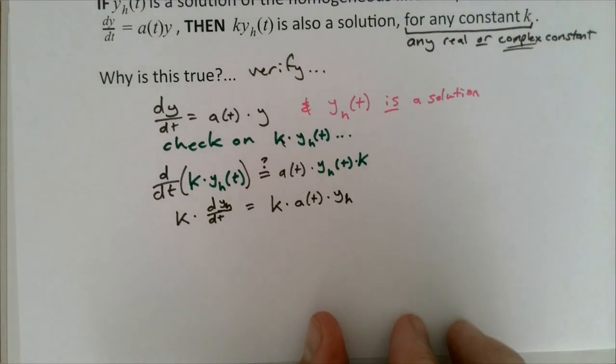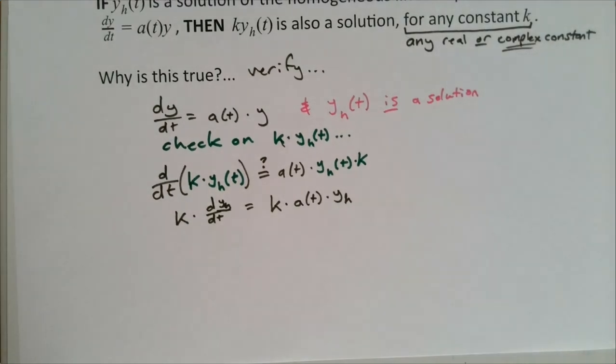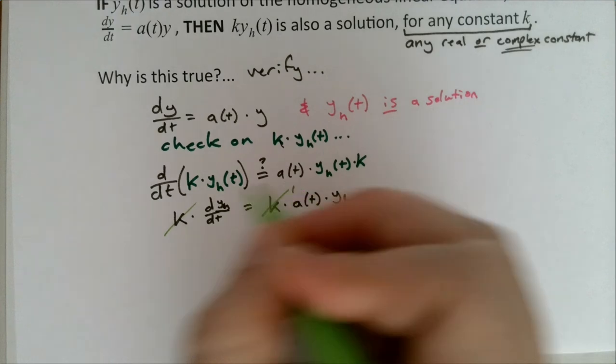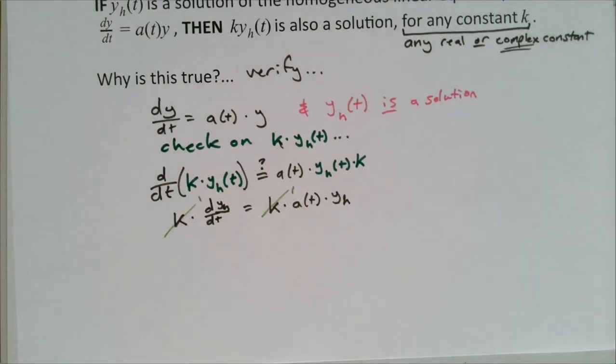Now, if you're paying attention, you might notice that the k's on both sides are really redundant because they're just going to wind up getting canceled out. So let me grab a different color marker here so we can do that. So the k and the k, those get canceled out and those become 1s, right?